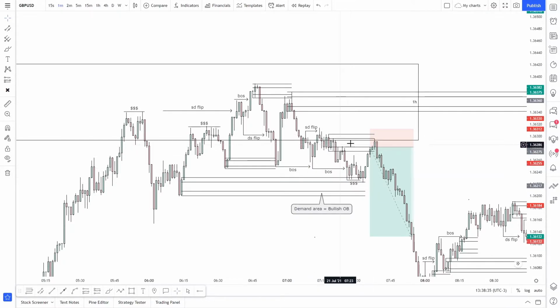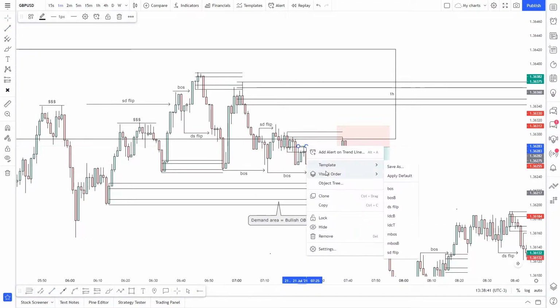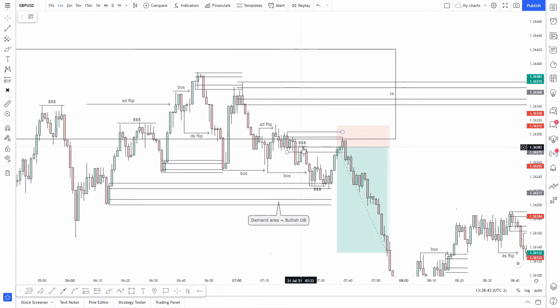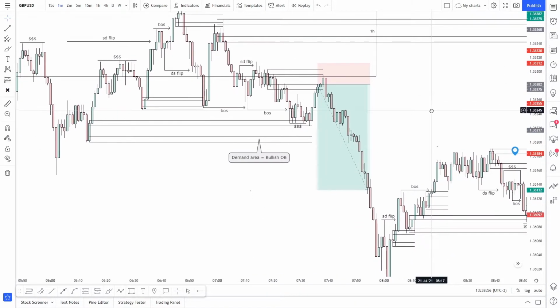I started to consider this as a range before the break. And we even created liquidity before pushing lower, which is not that clean, but it is a couple of equal highs, or not equal highs, but very alike highs, and I was expecting price to come up and take them to then continue to push lower, and that's what happened.